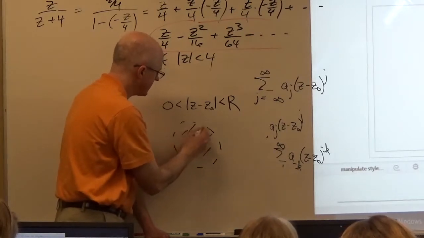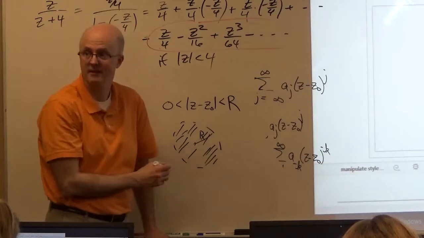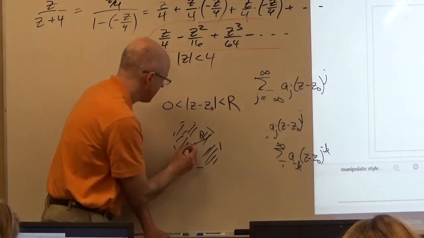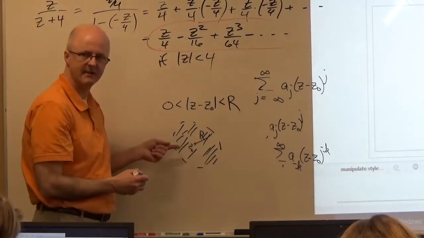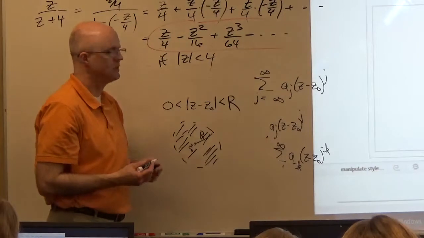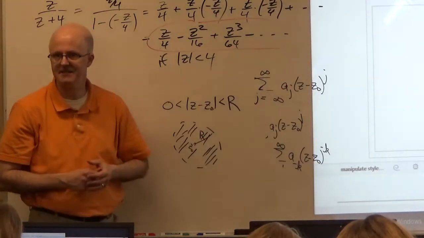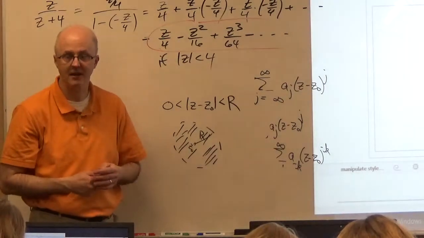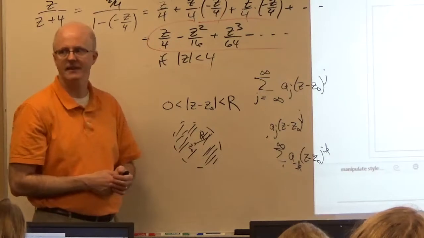It's a punctured disk, sometimes called a deleted neighborhood of z0. If you get convergence on something like that, and if the a_j when j is less than 0, if some of them are negative, are non-zero, then you can classify the nature of the pole.